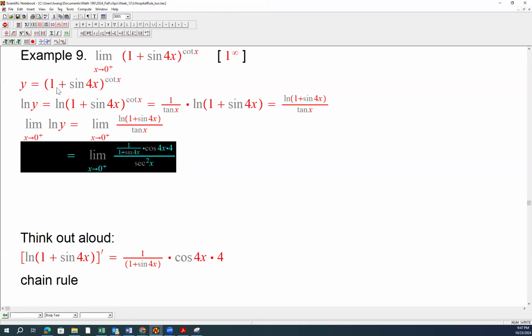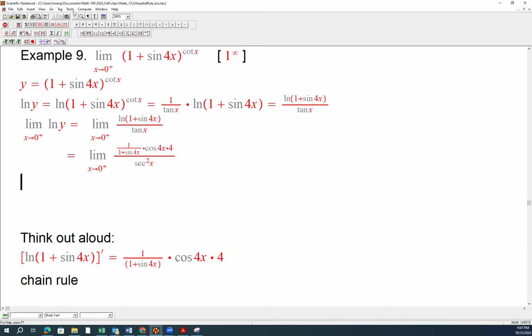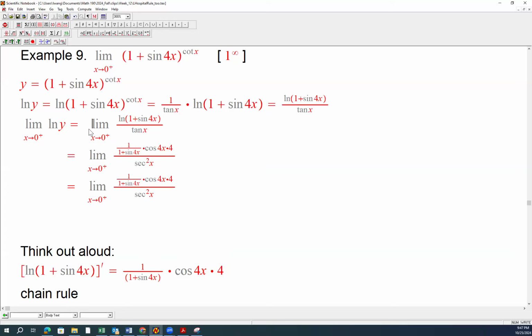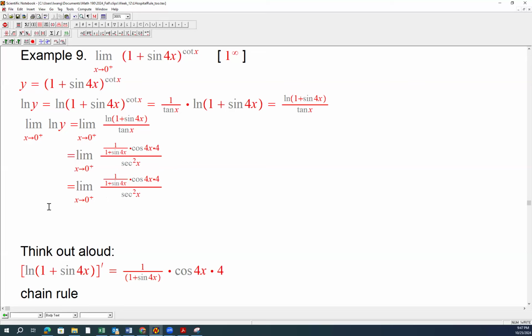Okay, so now simplify. We're going to bring the 4 over here, right?